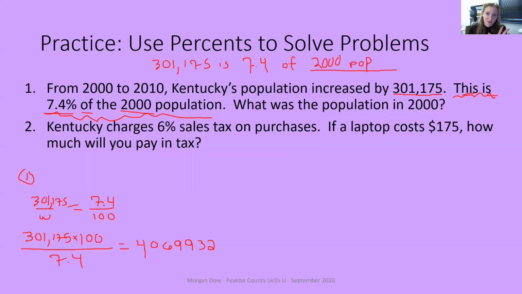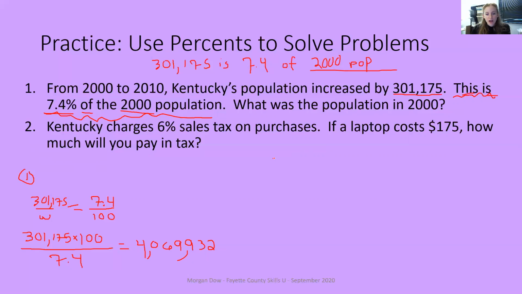We just want whole people here. So rounded to the nearest whole number, that would be 4,069,932. So the population of Kentucky, based on this information, we could say the population in 2000 was 4,069,932 people.